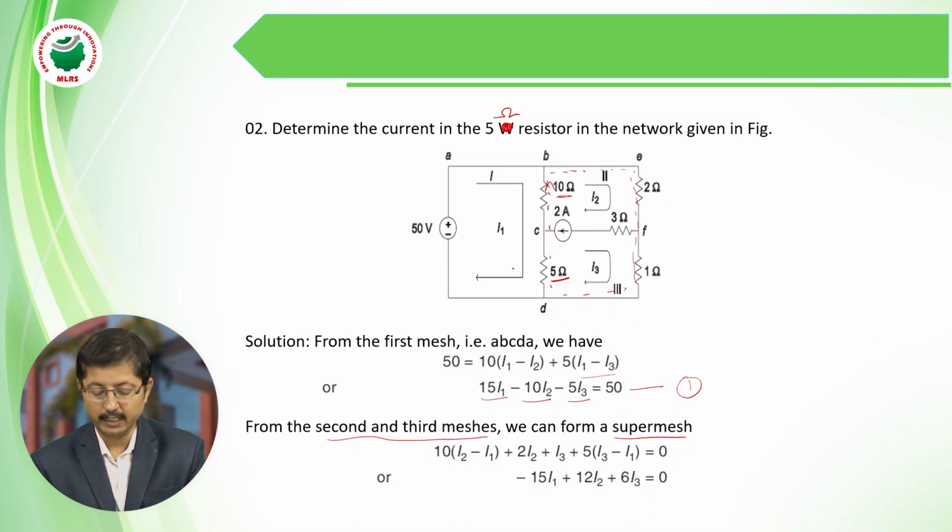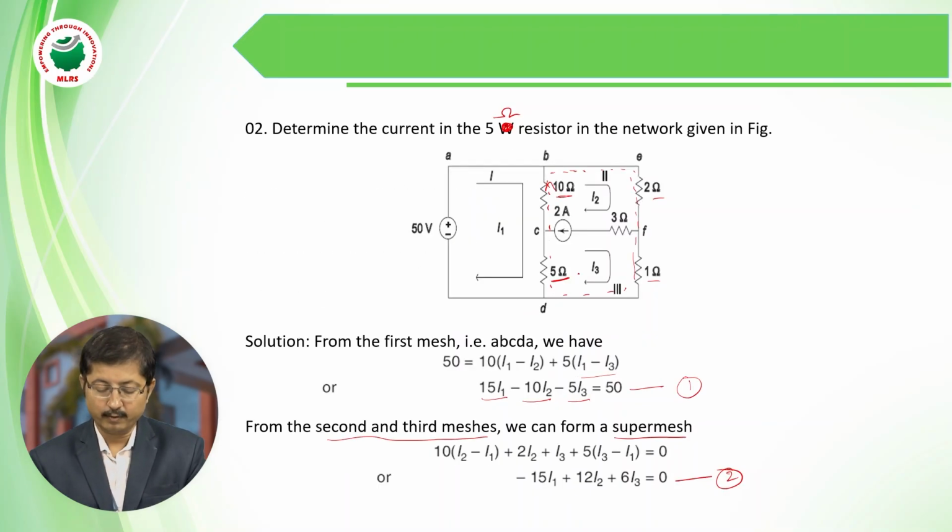So that is 10 into I2 minus I1 plus 2 into I2 plus I3 plus 5 into I3 minus I1. Again we rearrange the I1, I2 and I3 terms, and then we get the second equation.